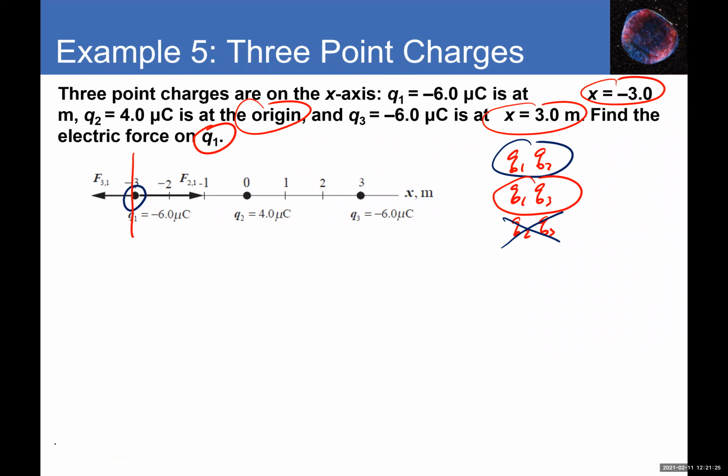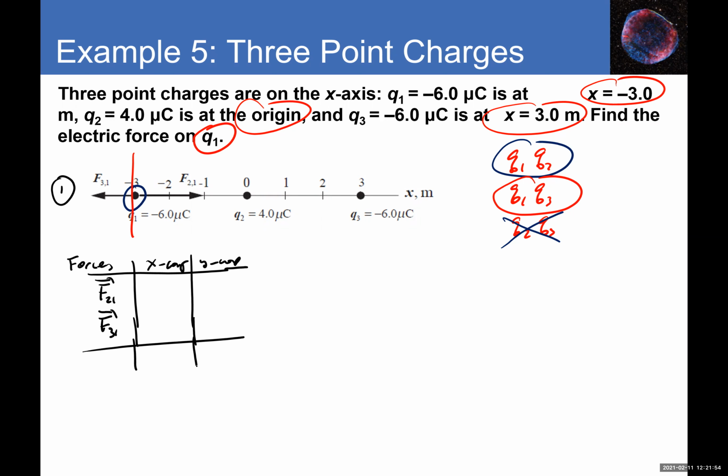And then one thing I can do here is step one, which is the free body diagram for Q1. Then I can make a table where I say these are my forces acting. This is the x-axis or x component, and here the y components. This is the table of forces acting on Q1. So there's F21 and there's F31.